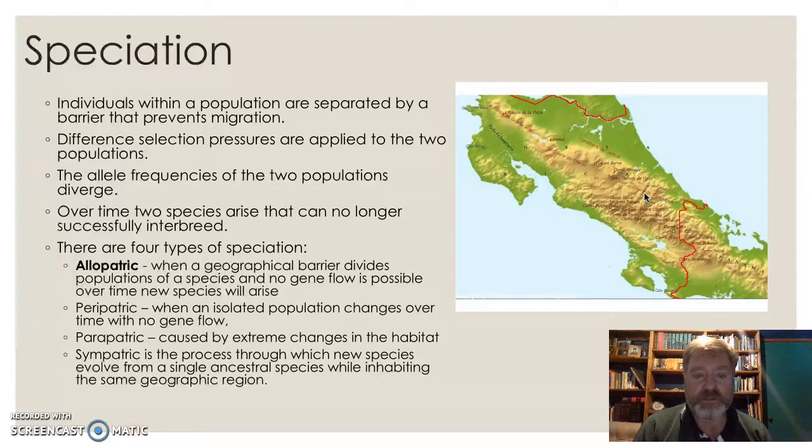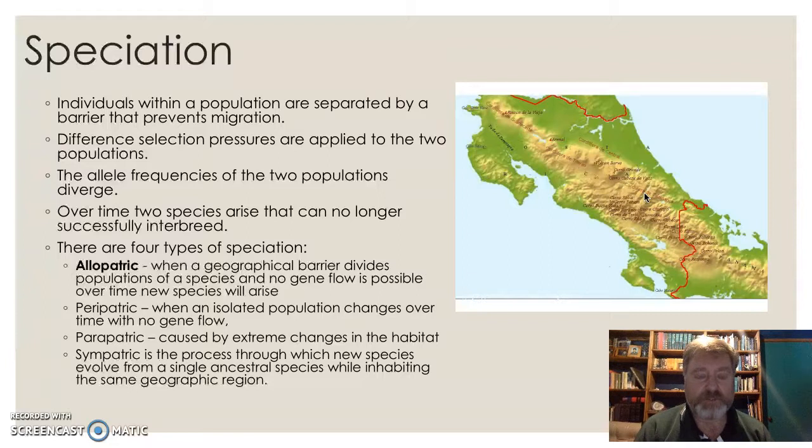Peripatric is when an isolated population changes over time with no gene flow. So it's a bit like allopatric, but there's no geographical barrier. For whatever reason, this particular population has no gene flow into it, and it just changes over time. Parapatric could be caused by extreme changes in the habitat. So the habitat's suddenly changed, and the animals that can survive do, but by doing so, they've created a new species.